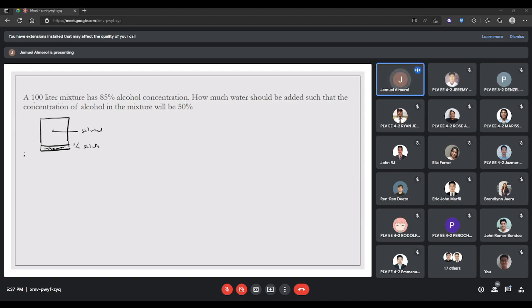For example, this problem: a 100-liter mixture has 85% alcohol concentration.